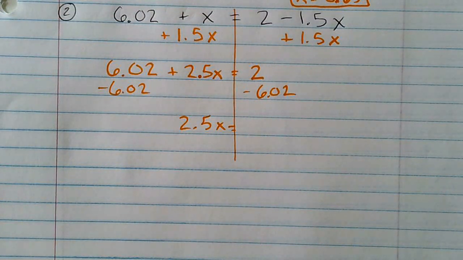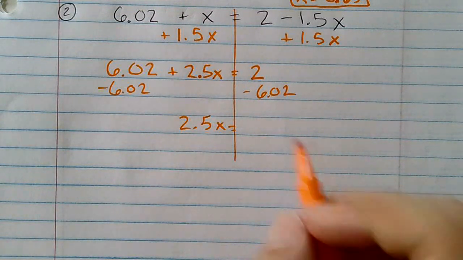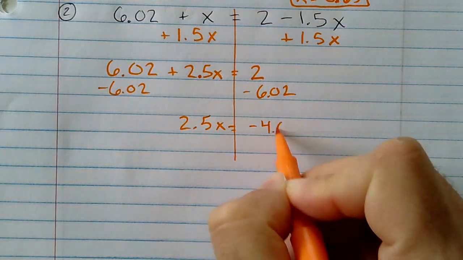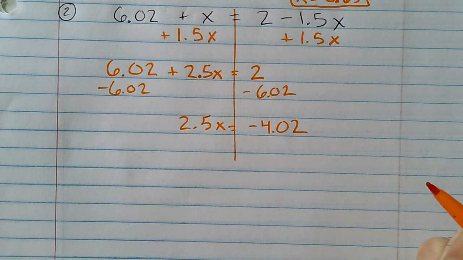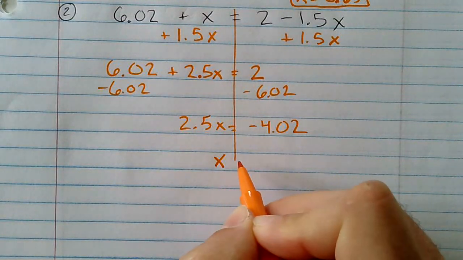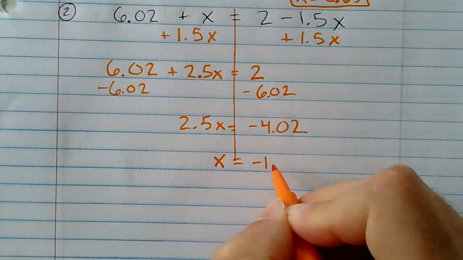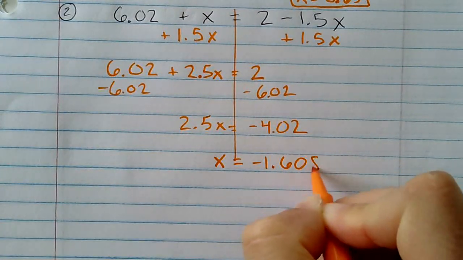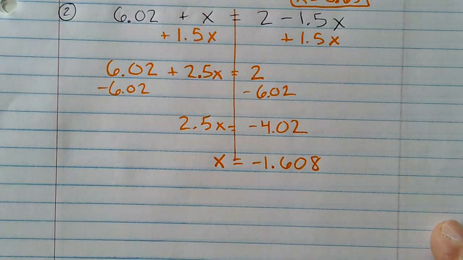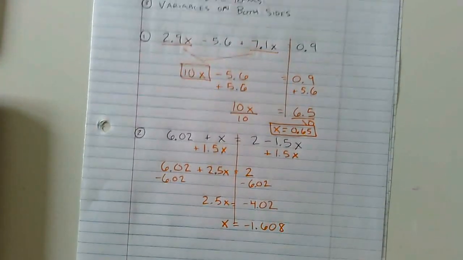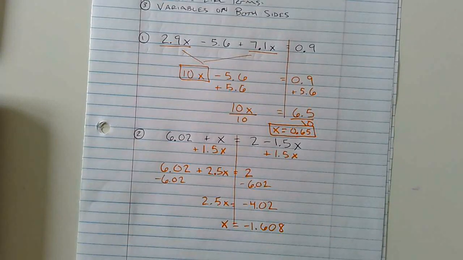Yep, 2 minus 6.02. It's going to give me negative 4.02. And then I'm going to go ahead and divide by 2.5, giving me an x value of negative 1.608. So if we recap, multi-step equations with decimals, just go ahead and solve normally.